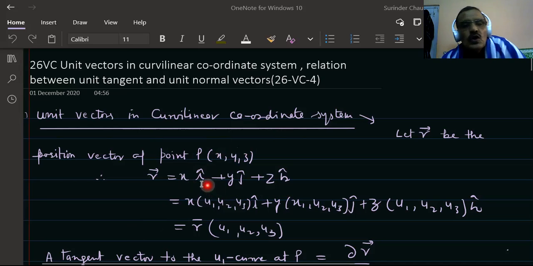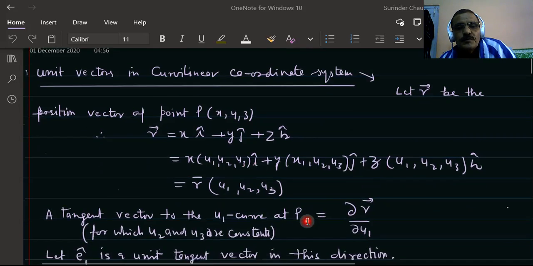Now we have converted this problem from x, y, z into curvilinear coordinates, where x is a function of u1, u2, u3, y is a function of u1, u2, u3, and z is a function of u1, u2, u3. This r vector in terms of u1, u2, u3 is the position vector of the point P in curvilinear coordinates.